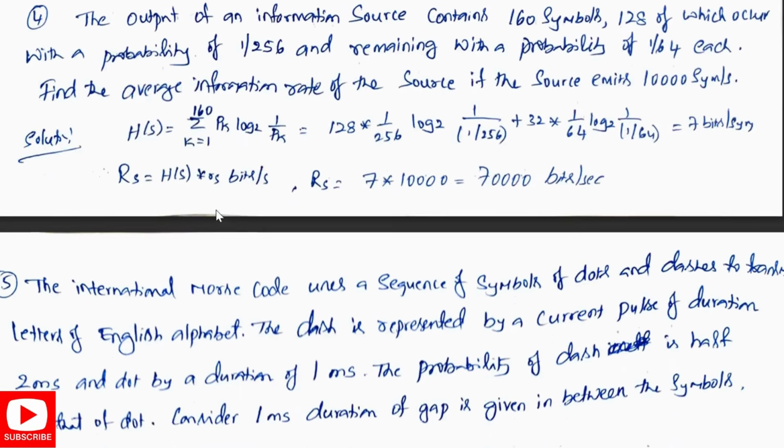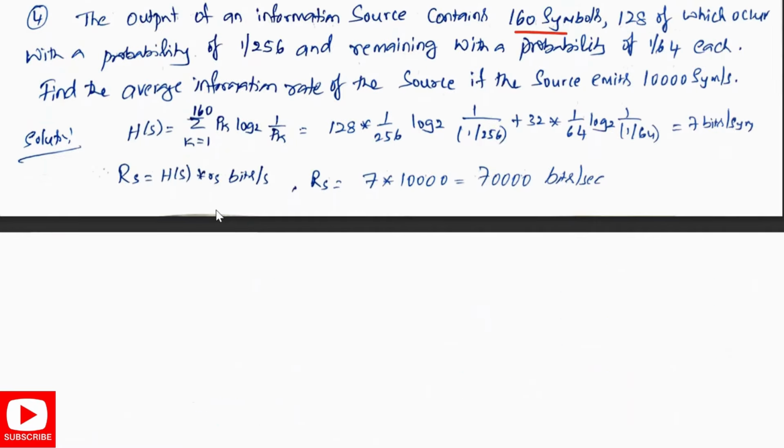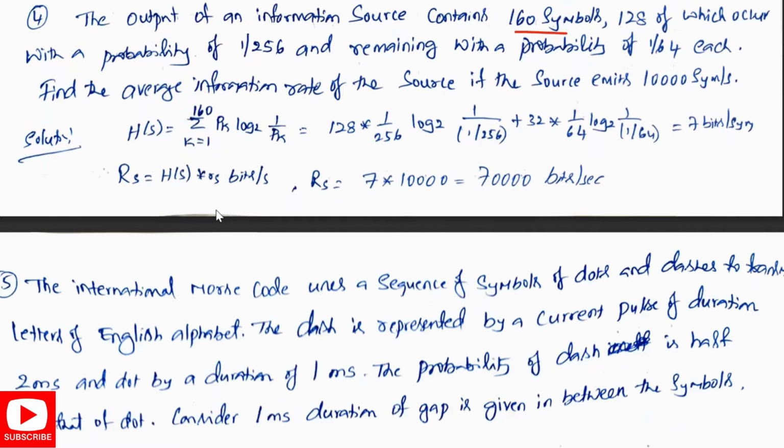Next, the output of the information source is given as 160 symbols, 120 of which occur with a probability of 1 by 256 and the remaining with a probability of 1 by 64. Find the average information rate of the source if the source emits 10,000 symbols per second. As before, you need to find the entropy. Use this equation H(S).